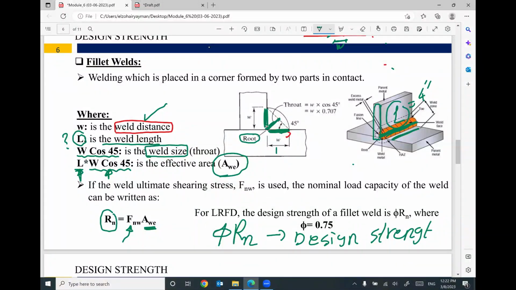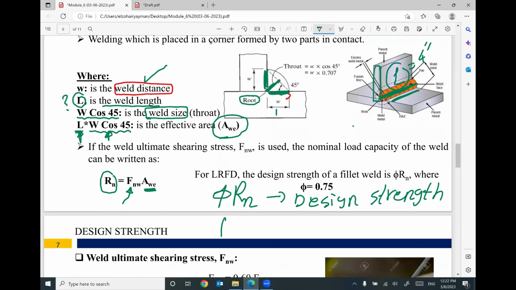And you need to make sure your Pu is smaller than or equal to phi Rn. That makes sense? Your phi equals 0.75. Your Rn equals FNW times area A_WE. Area A_WE equals the welding size, which is W cosine 45 degrees, times length.